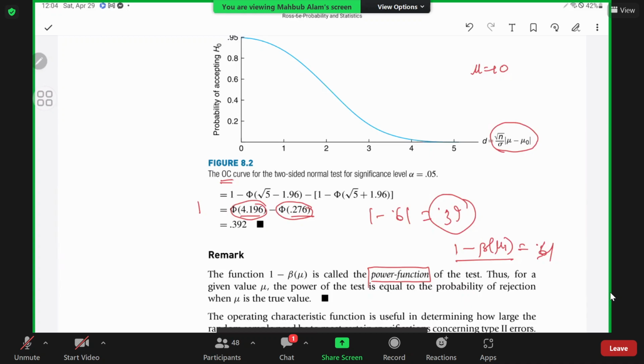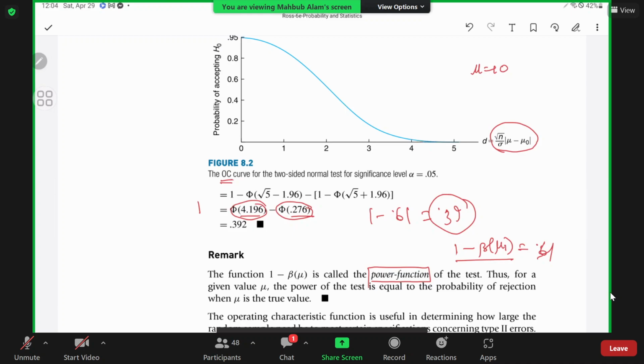It is the probability of rejecting a false null hypothesis. In 60% of cases, a false null hypothesis will be rejected, but in 40% of cases, a false null hypothesis will not be rejected. This is not a good one.